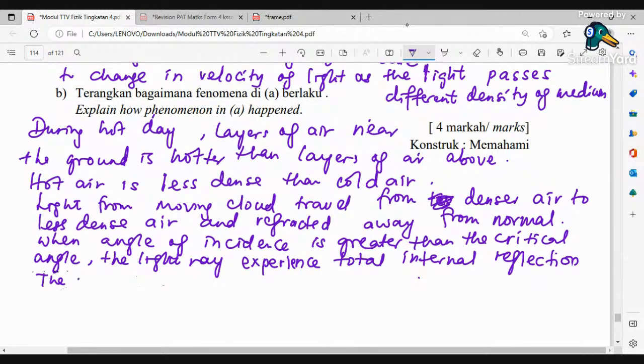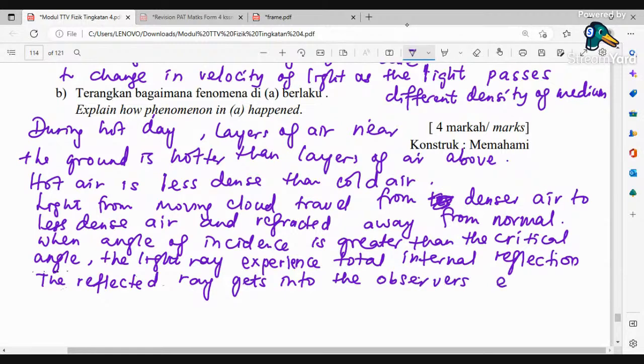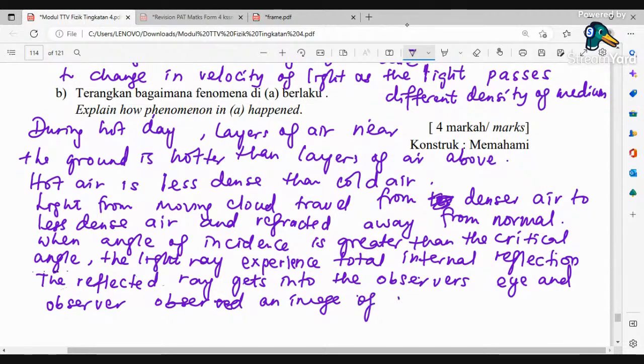Okay. The reflected ray goes into the observer's eye and observer observe an image of other.